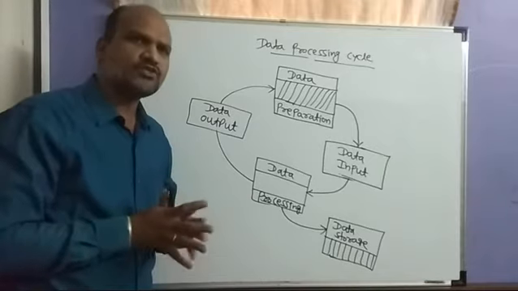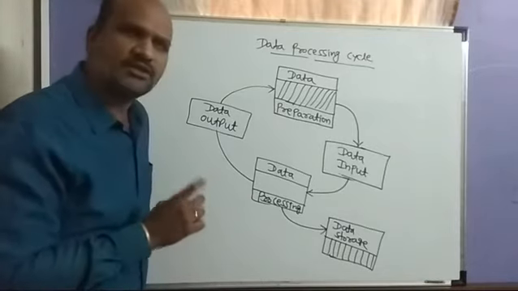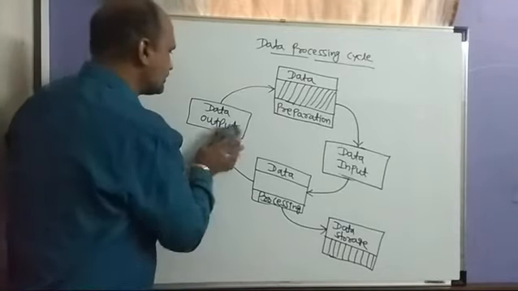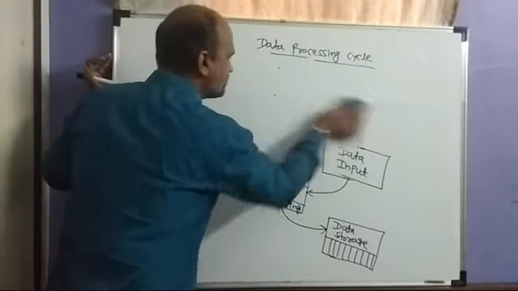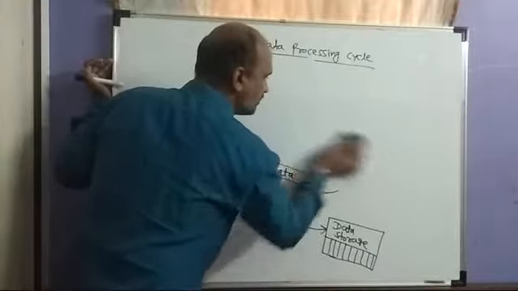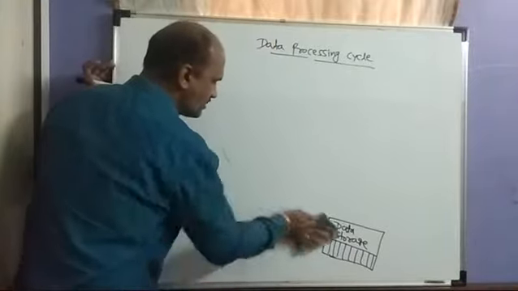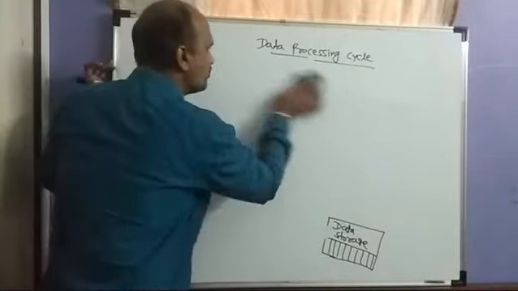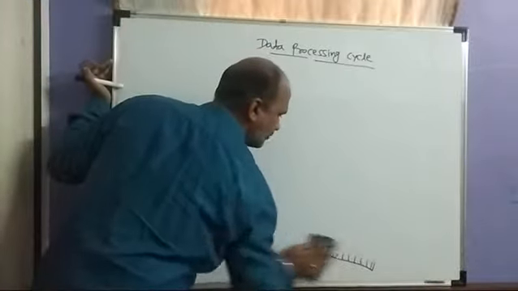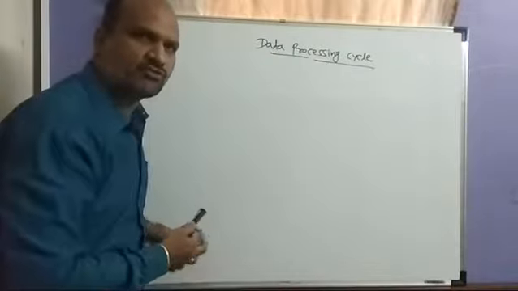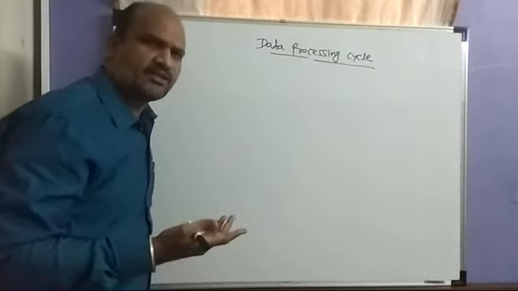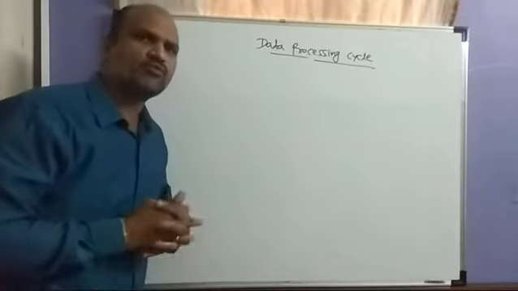So here, first, we have the data input. As we collect the data, and once all collection happens, then we start inputting the data. This input can be done with any device, like the keyboard or the mouse. There may be any other devices which can be used for input.